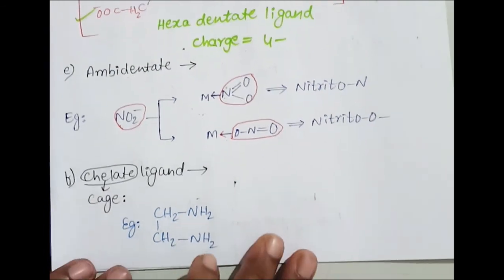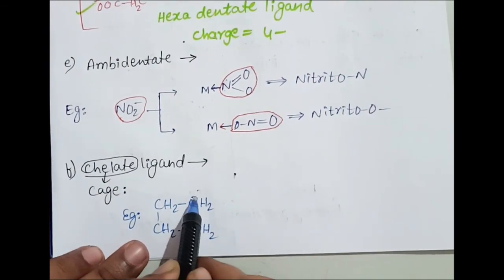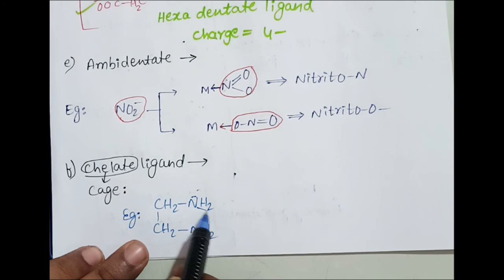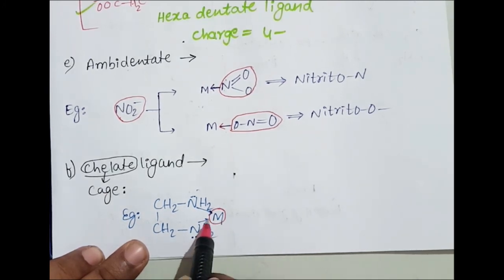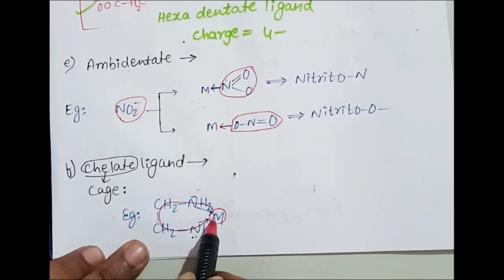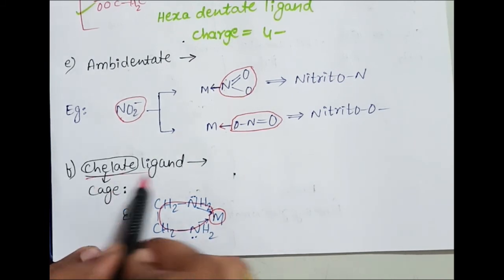Now, if both the electron pairs are donated to only one metal, then a cage-like structure is formed. Then that is called as chelate ligand.